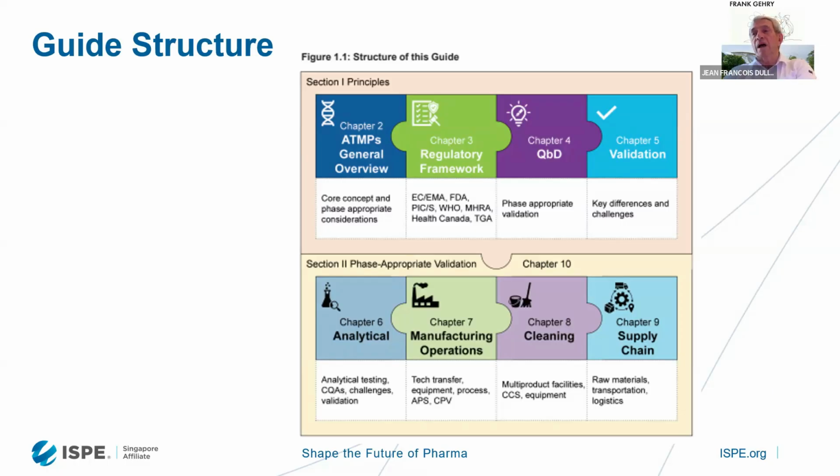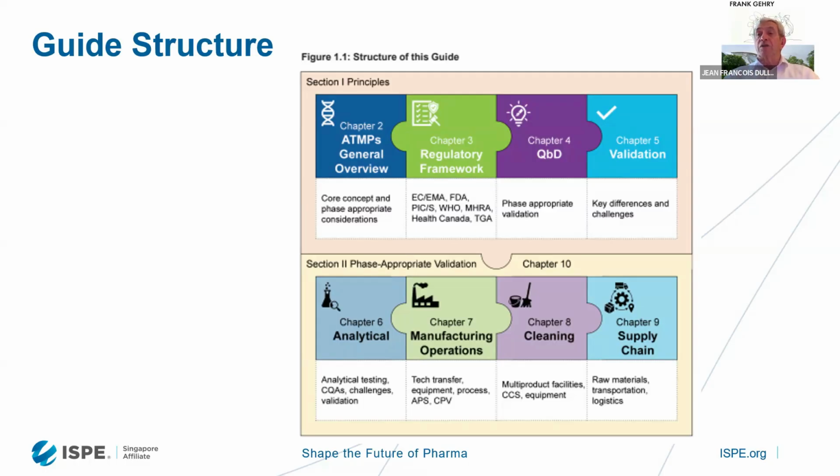Then we will have a few words on quality by design, phase-appropriate validation, and a few words as well on validation, the key differences and challenges. And then we will have Section 2, where we'll have phase-appropriate validation, and Chapter 6 with analytical. We will not go into all the analytical methods, but we'll make the link between analytical methods, CQAs, and validation.